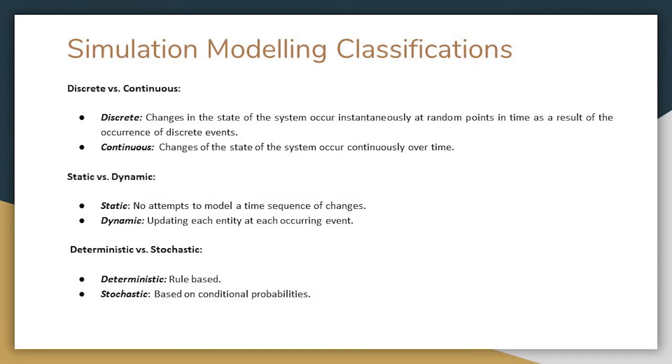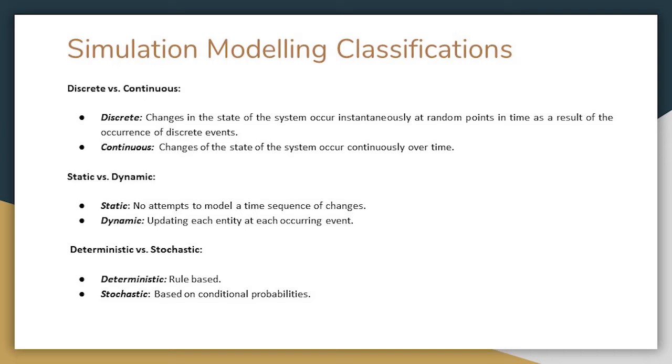Simulation models can be classified into different types: discrete versus continuous, static versus dynamic, and deterministic versus stochastic. Discrete systems are systems where changes occur randomly due to discrete events at a point in time, and in a continuous system, the changes occur continuously over a given time.